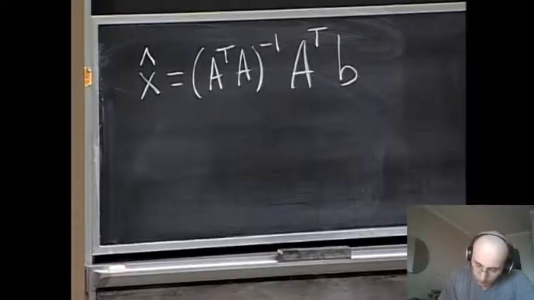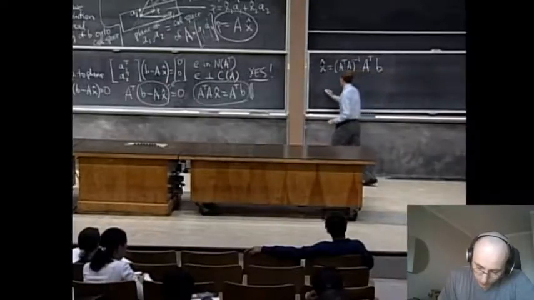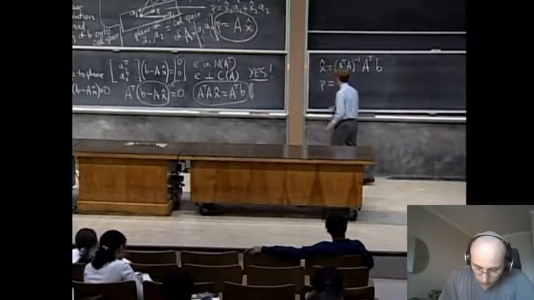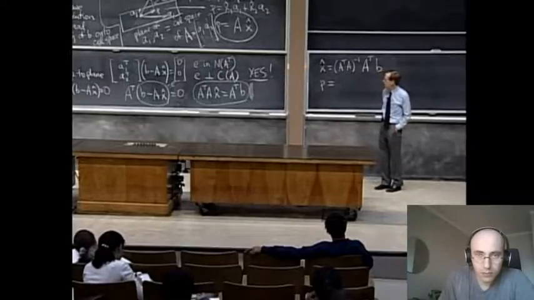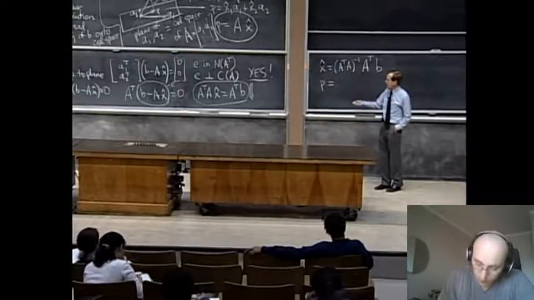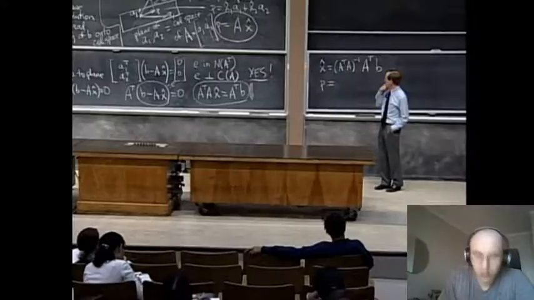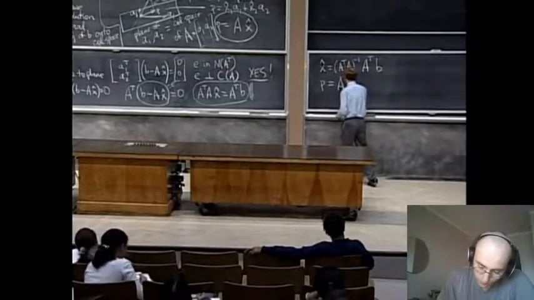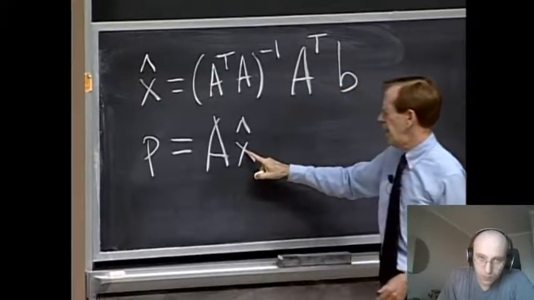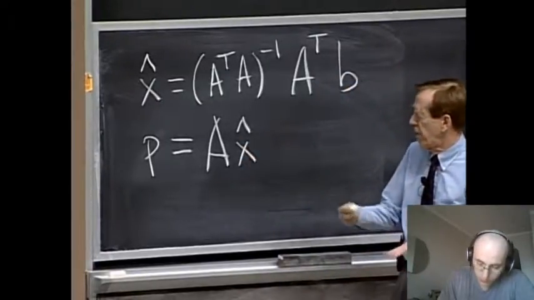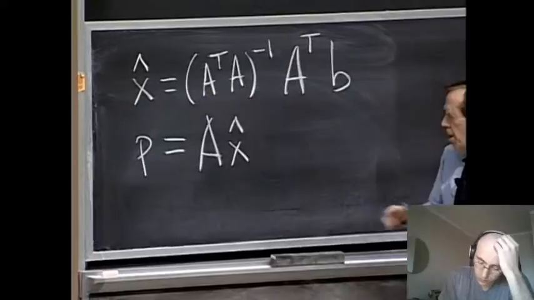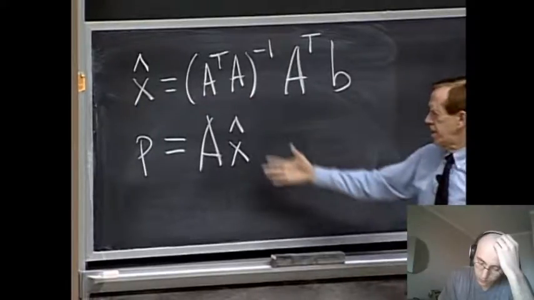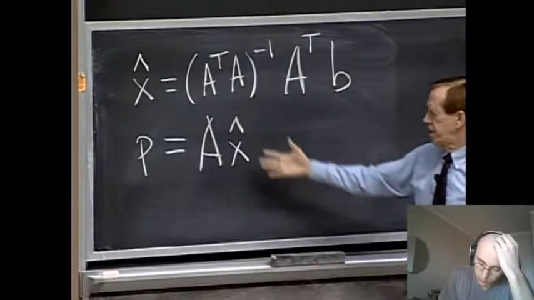What's the projection? That's more interesting. The projection is A x hat. That's how x hat got into the picture in the first place. x hat was the combination of columns, and I had to look for those numbers, and now I found them. It was the combination of the columns of A that gave me the projection.